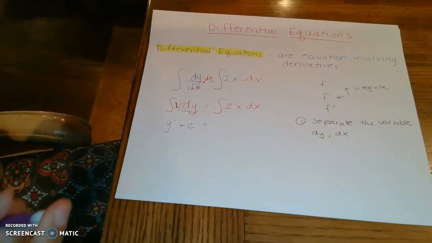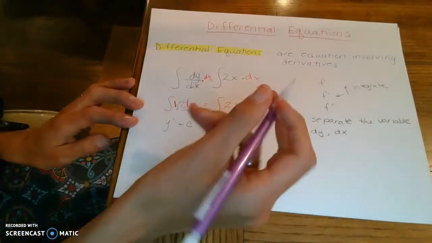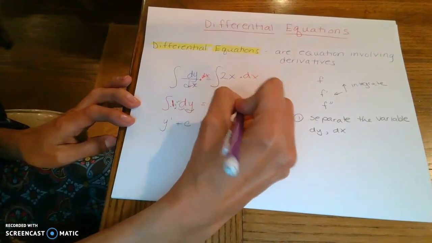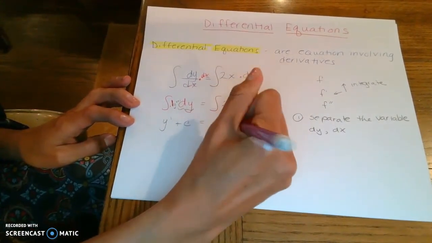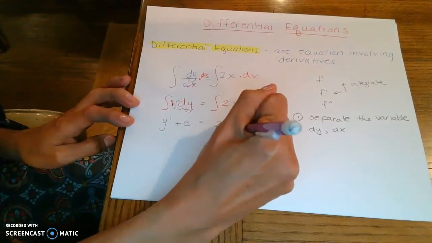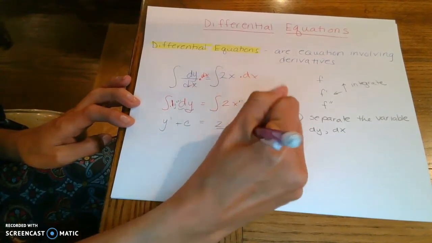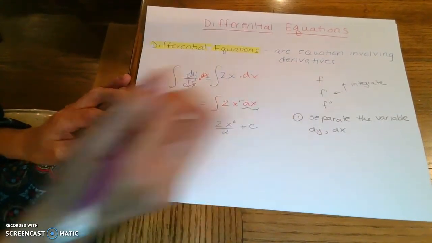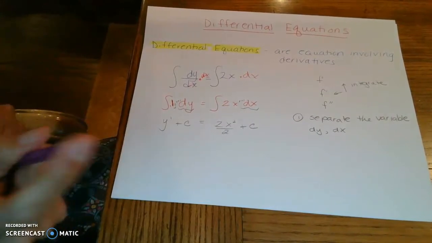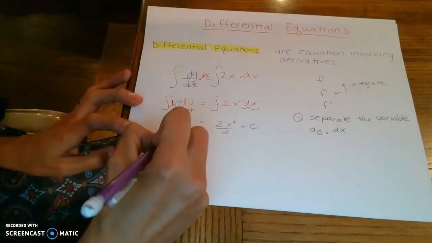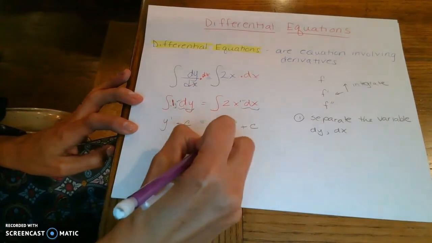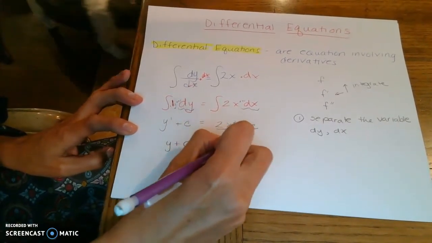That should hopefully ring a bell. Here, when I go to integrate this, it's already to the power of 1. I add 1, so I get 2x squared divided by 2, and this dx turns into c. So when I clean this up, I get y plus c is equal to x squared plus c.